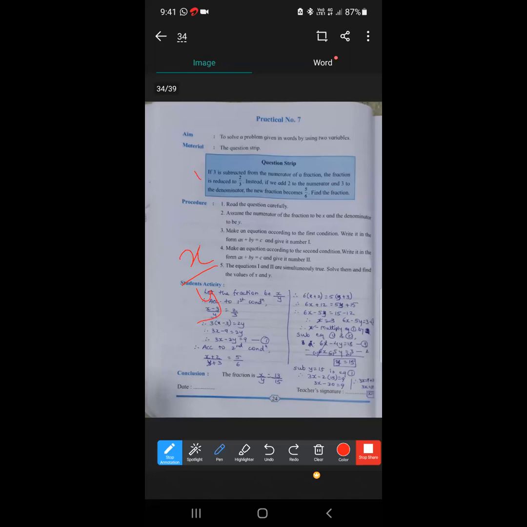This is the first condition given and this is the second condition. So make an equation according to the first condition. Write it in the form ax plus by is equal to c and give it number 1.